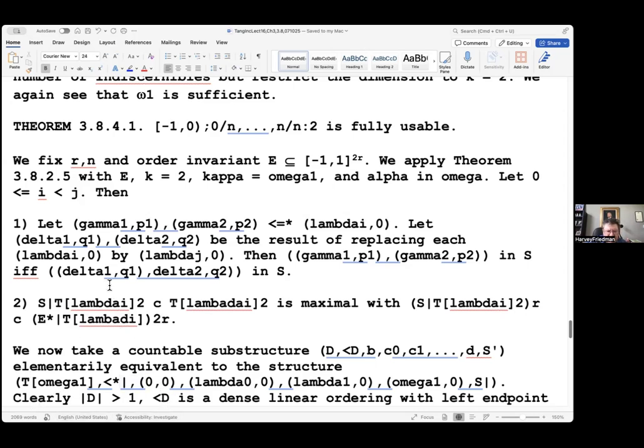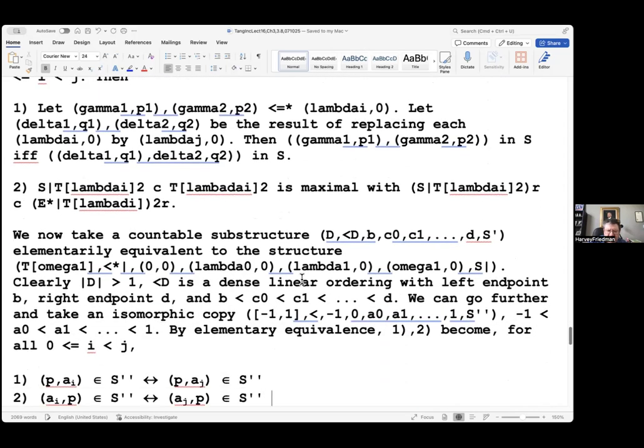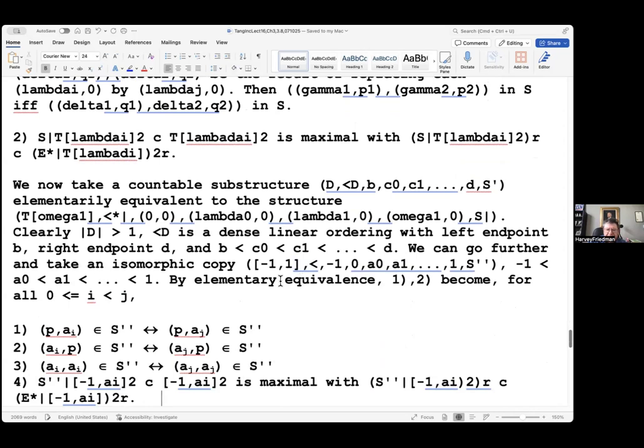And remember, we're just moving one of these indiscernibles at a time here. This is important. So we now take a countable substructure, this time with infinitely many of these.